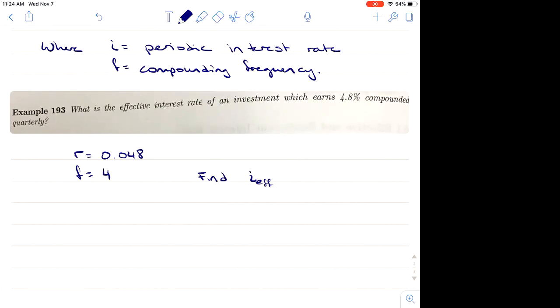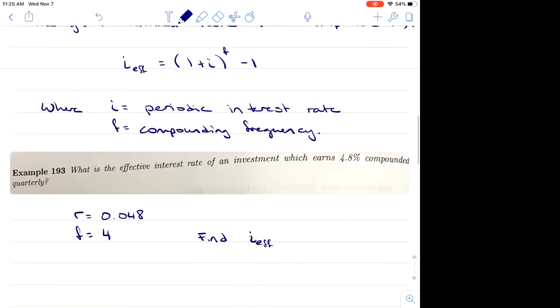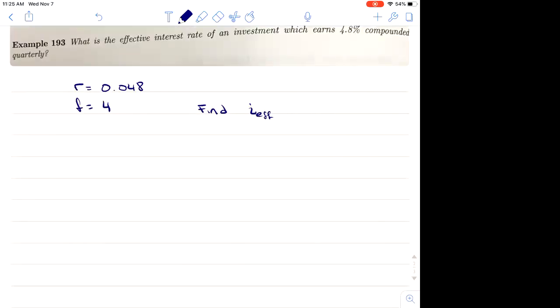Right, what annually compounded rate, that's the effective interest rate, is going to be the same as 4.8% compounded quarterly? So we can just use our formula. We have all the components. 1 plus I to the power of F minus 1.